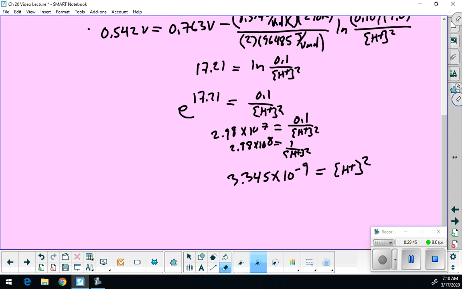And I get my H plus concentration to be equal to 5.78 times 10 to the minus fifth, but they want my pH, so I take the negative log of that, negative log of my answer.